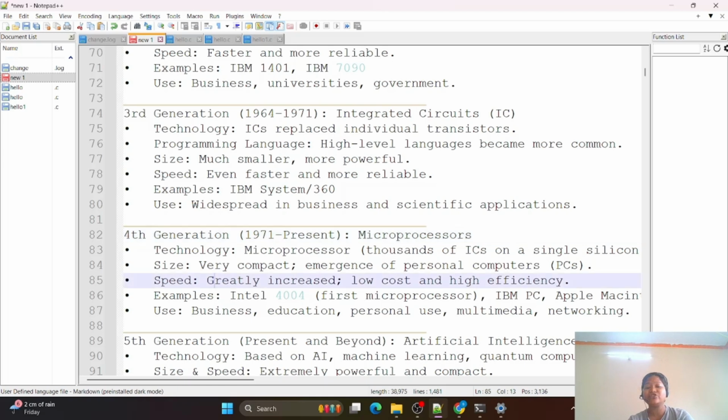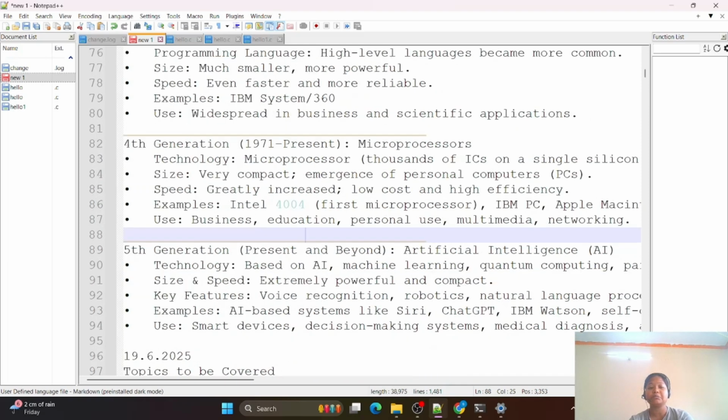Speed greatly increased, with low cost and high efficiency. The cost became very low, and it became very highly efficient. For example, Intel 4004, IBM PC, Apple Macintosh, etc. They used them for business, education, personal use, multimedia, and networking.